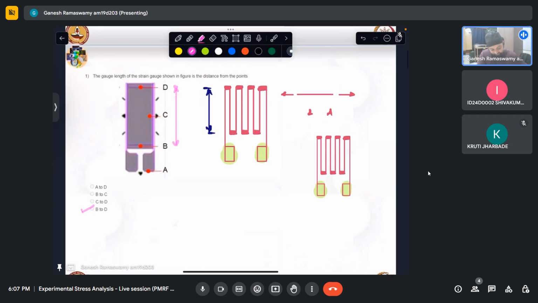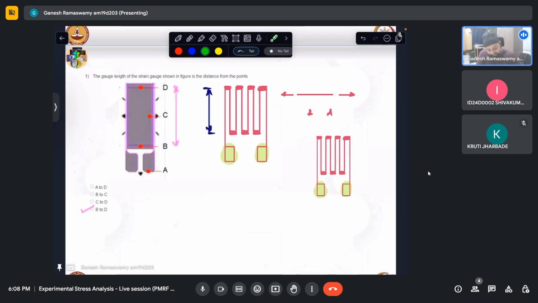So this is the first question where we have a strain gauge, and I just went through how a strain gauge is constructed. Basically, we have two soldering tabs, and then we have the wire coiled up like that, and we make the ends bulbous because we don't want the transverse Poisson's effect to creep into our calculations. More on the construction of the strain gauge will be dealt with in detail in the later part of the course.